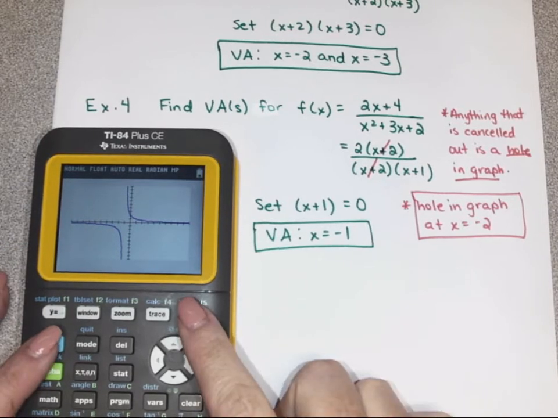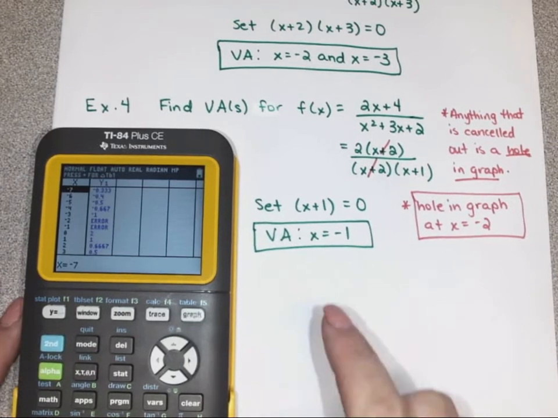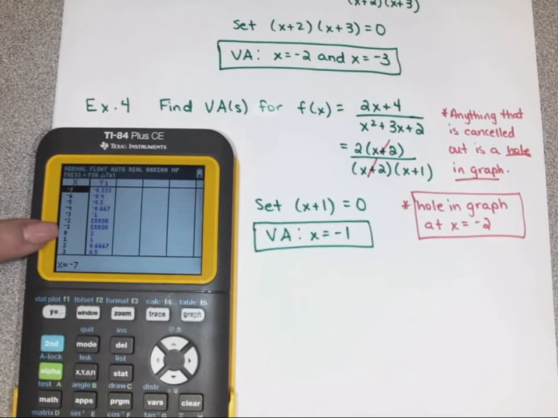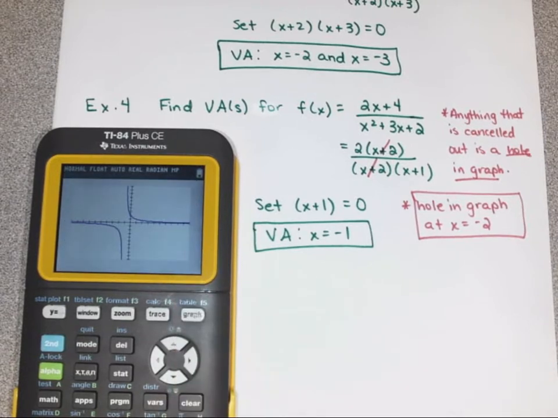But if you go and look at the table, I don't know if you've ever done that, but if you go second graph, notice that there's an error both at negative 2 and at negative 1. Negative 1 because there's an asymptote, but why is there an error at negative 2? Because there's actually a hole there, okay? So just so you know what it actually looks like, but your calculator is unable to show this to you, what it actually looks like is there's actually a hole right here.